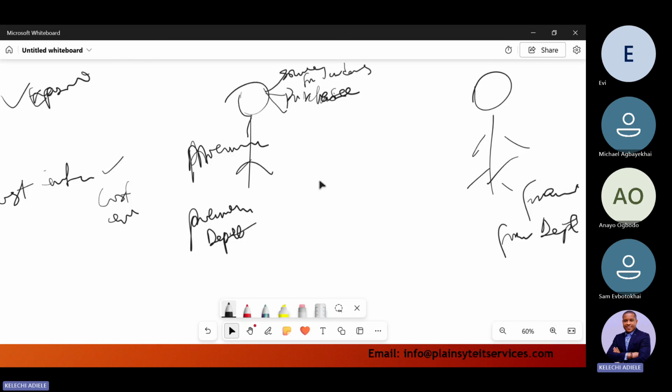Any other person? What does the procurement department do? They purchase goods for use in the company, also payment. They issue the invoices too. They source. They purchase. They issue invoice. They do payments.